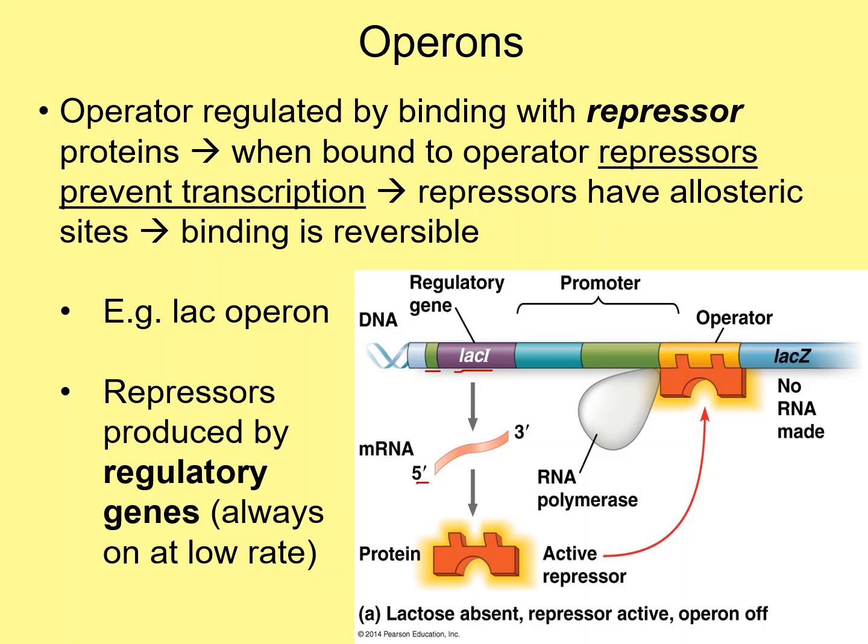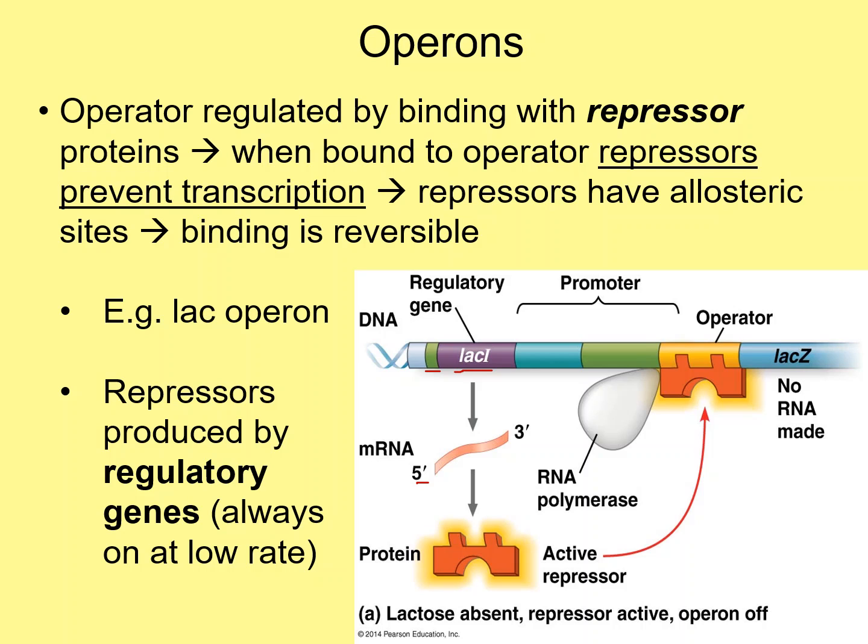and then the ribosome is going to make the repressor molecule. And the repressor molecule in its active form is going to bind to the operator, and it's always the active form that's bound to the operator. And if the operator is bound, then as you can see on this visual, RNA polymerase is trying to access the promoter, but it can't.